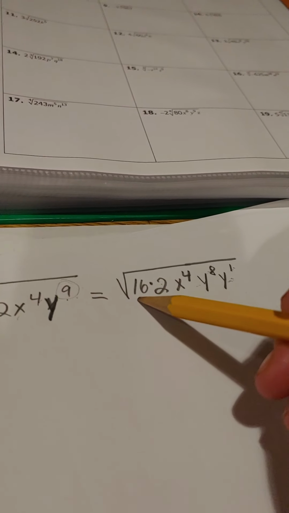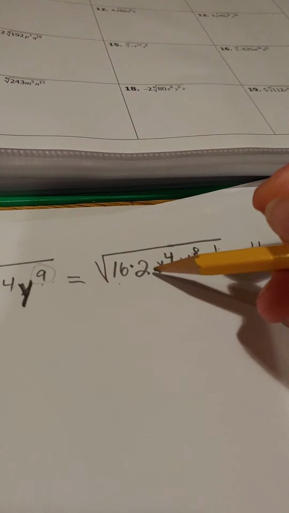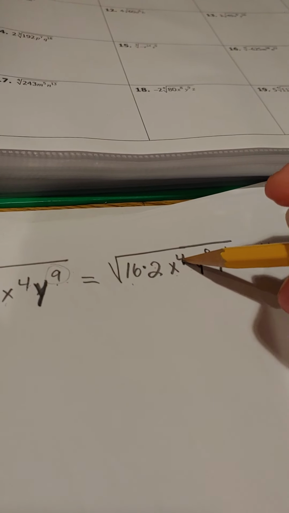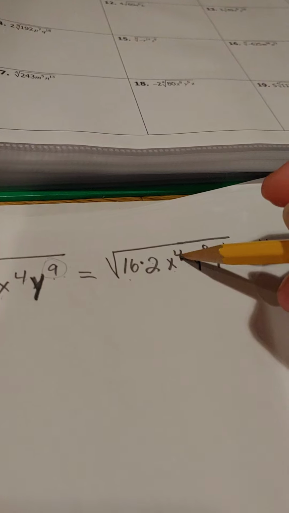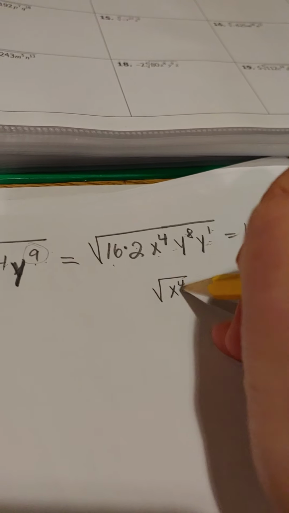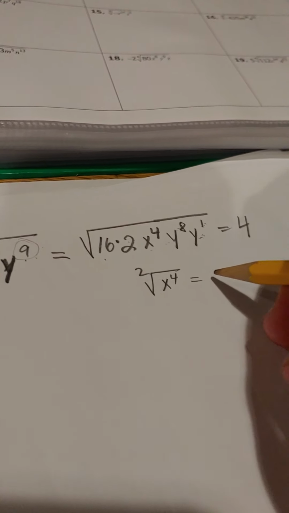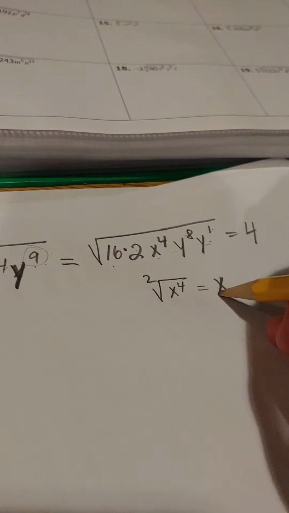So the square root of 16 is what? It is 4. The square root of x to the 4th power is actually x to the 2nd power. I'm going to explain it like this. I'm going to bring it down. So the trick is this: I'm going to leave the x alone.